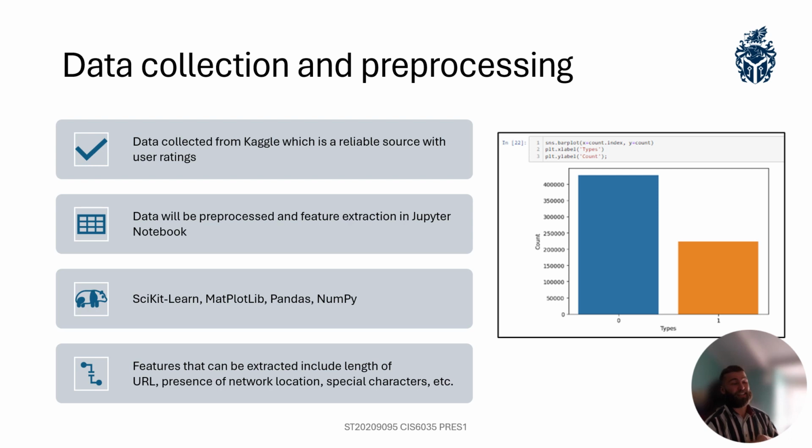So initially the data is actually going to be pre-processed, it's going to be normalized as well for the model itself to learn on. And we're going to use some basic machine learning libraries such as scikit-learn, matplotlib, pandas and numpy.